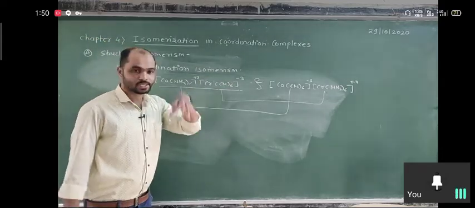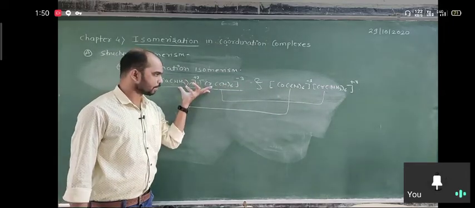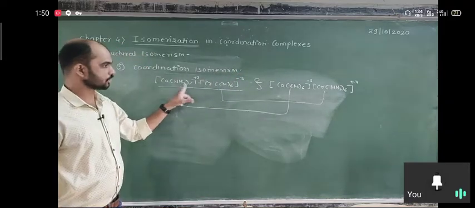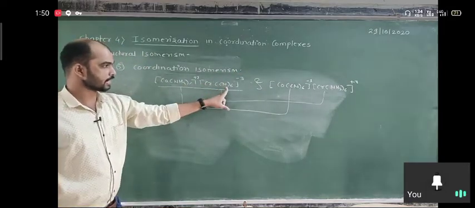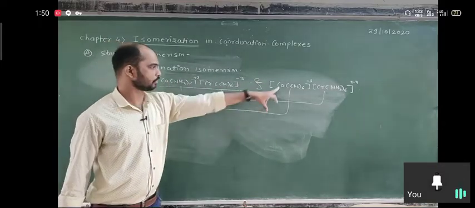Overall the complex has the same molecular formula: 6 NH3, 6 cyanide, 1 chromium, 1 cobalt.